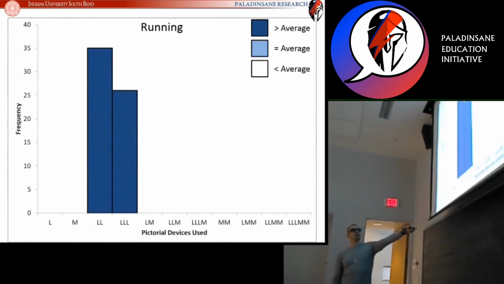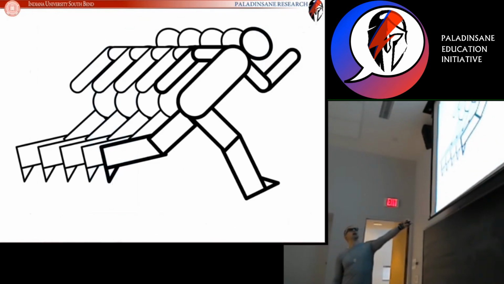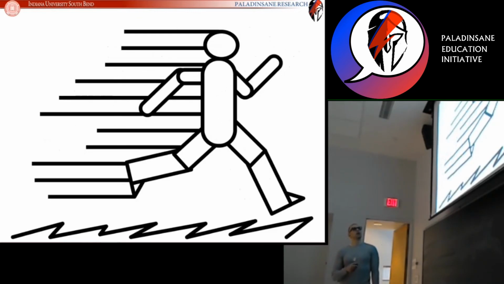All right, next up, we have two literal with one metaphorical. So examples of that, we have orientation and posture with multiples. Here we have posture and ground plane with action lines. So two literal and one metaphorical.